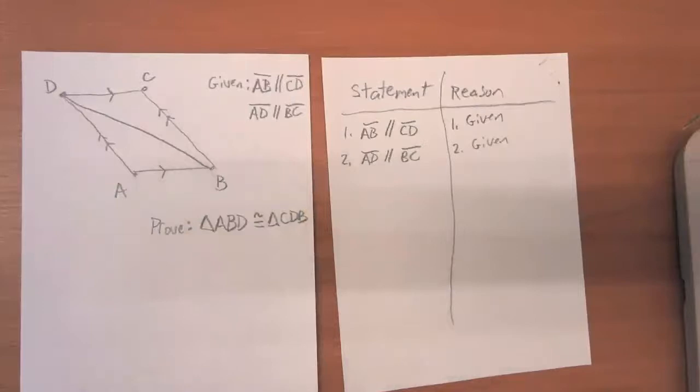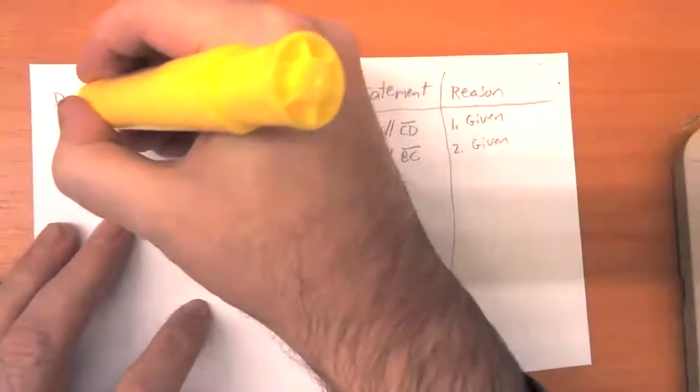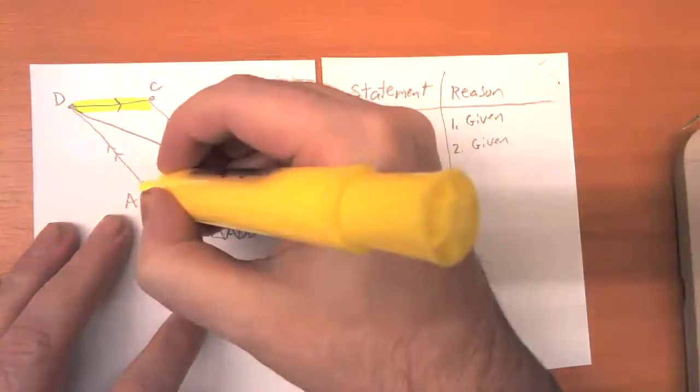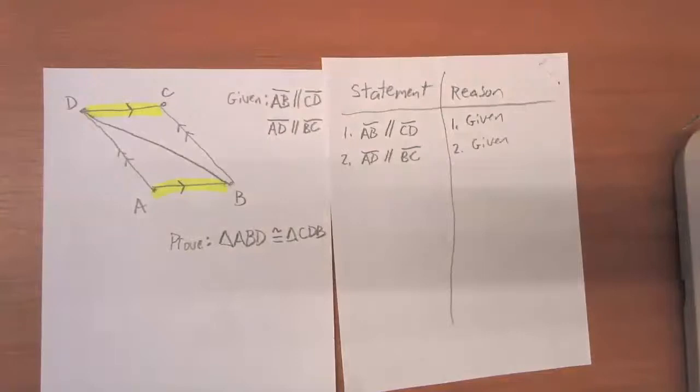Whenever we've got alternate interior angles where the two outside sides are parallel, those angles have to be congruent to each other. So let me use my yellow highlighter to highlight the top and bottom side. To find alternate interior angles, we need to look for what we've been calling the mark of Zorro. So we need to have a Z shape, or maybe a backward Z shape.